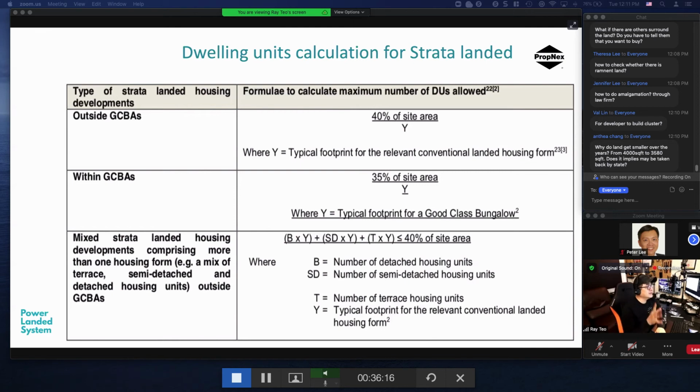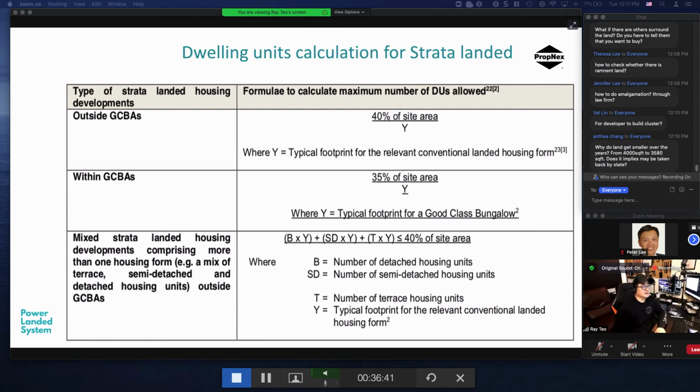But let's say you want to build a cluster house inside a GCB area, then you need to follow the form. If you have a cluster house, all the units must be bungalows. Cannot have semi-Ds, cannot have terraces, cannot have strata semi-Ds or strata terraces. It can only be strata bungalows.